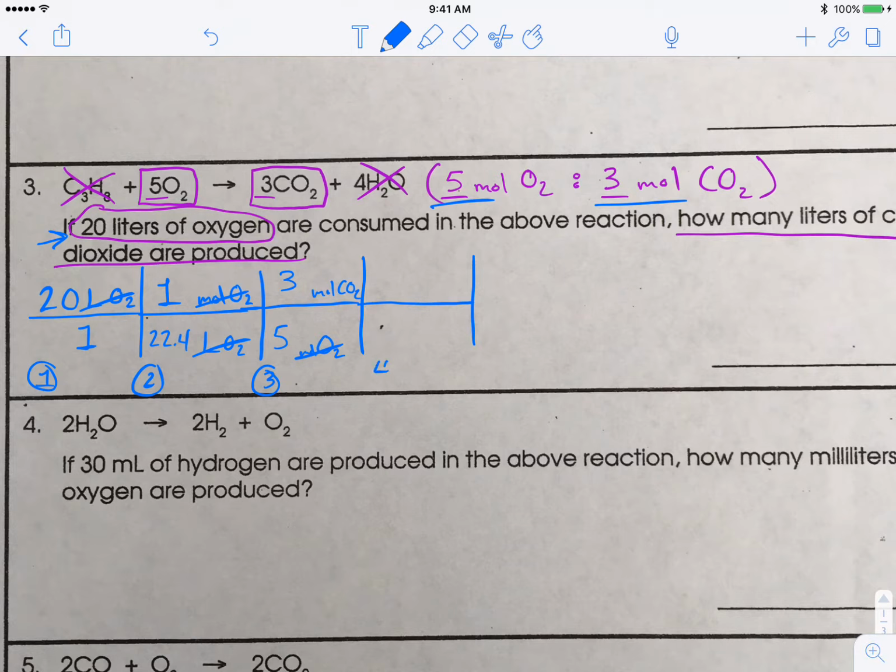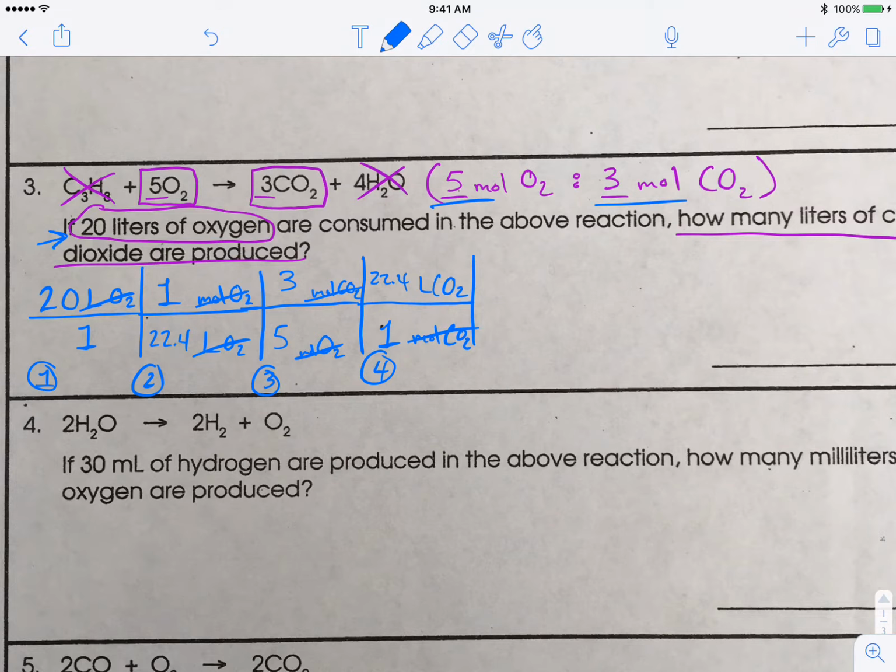And finally, the 4th step is just like the reverse of step number 2. So we're going to put moles of CO2 in my denominator, and we're going to get liters of CO2 in my numerator. So it is 22.4 liters for every 1 mole of CO2.